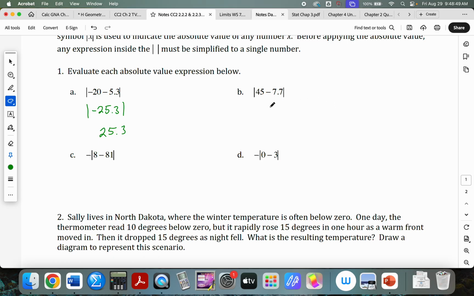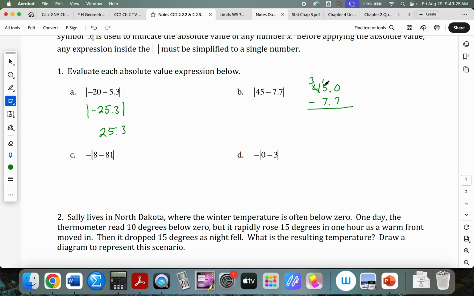For this next one, we got 45 minus 7.7. Just as a reminder, when you're subtracting, you want to line up the decimal. And the typical way to do this is, well, the 0 is smaller than the 7, so I need to borrow, but the 5 is smaller than the 7, so I need to move all the way over here to borrow from the 4.